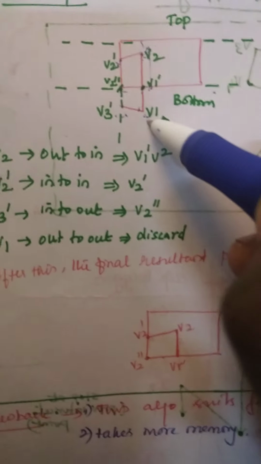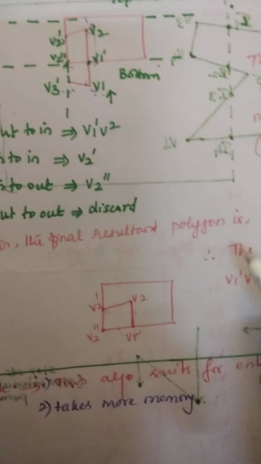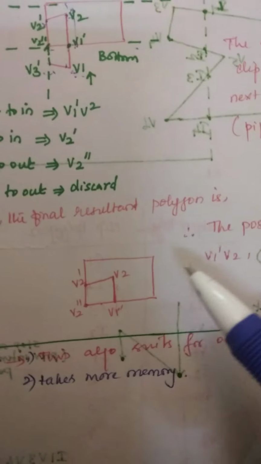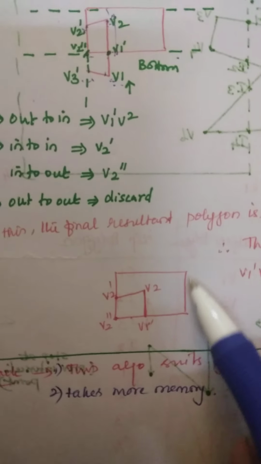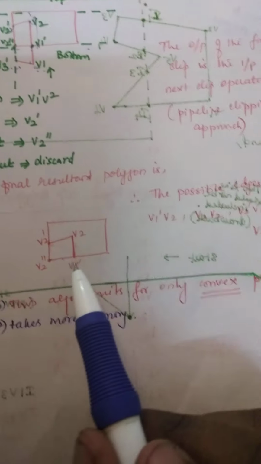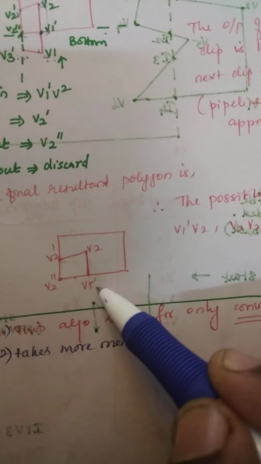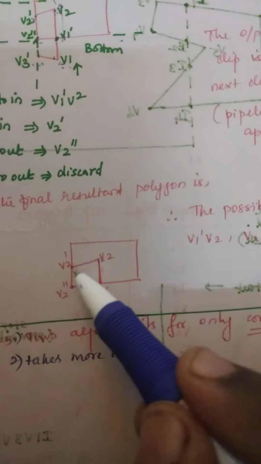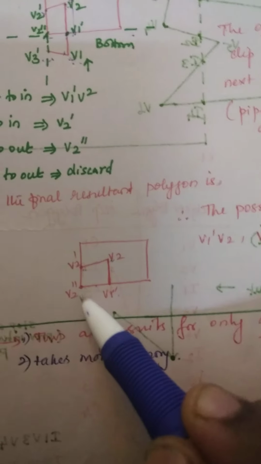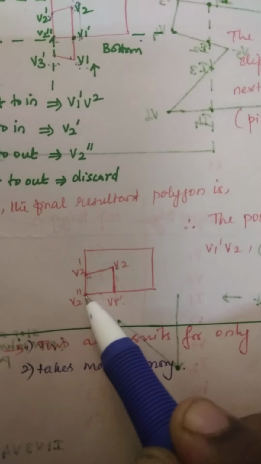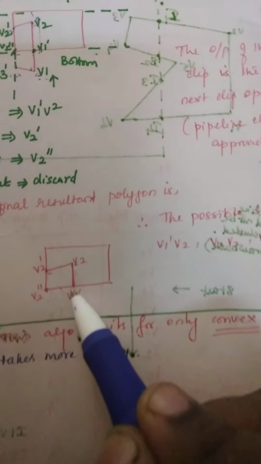So after this, the final resultant polygon clipping will be like this. So the possible edges are V1 dash, V2, V2, V2 dash, V2, V2 double dash, and V2 double dash, V1.